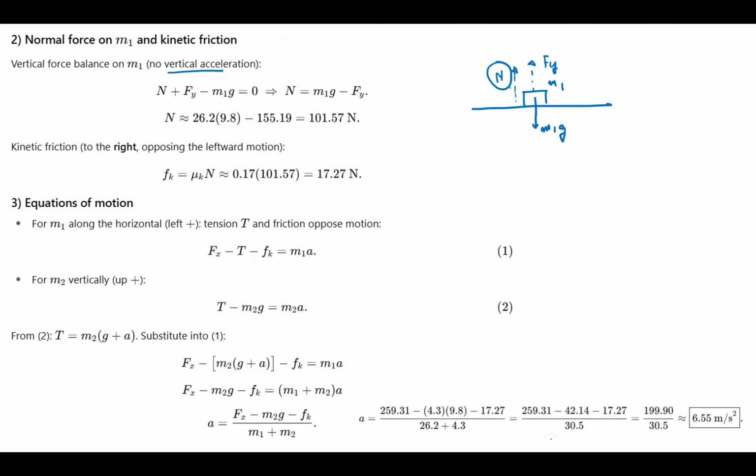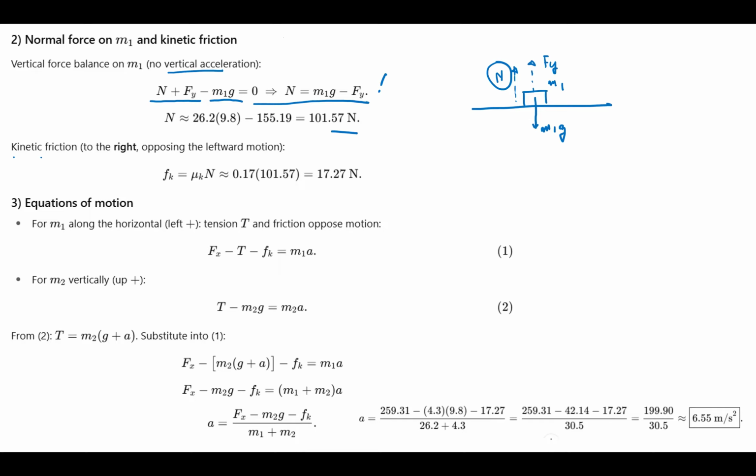Here is the normal force, and the Fy is in the same direction, but it is opposite to the gravitational force, so that we have a plus and minus sign here. And it should be 0, okay? Otherwise, this M1 will go up and down. To stay horizontal without any vertical motion, we should have this equilibrium. And then we can find out the normal force is given by this one.